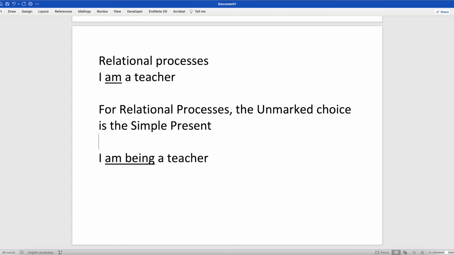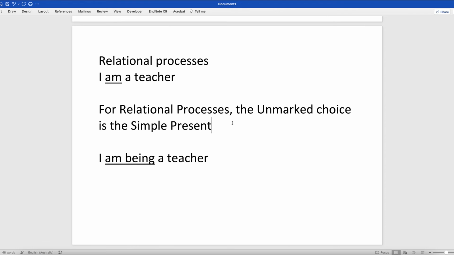Because for relational processes, this kind of relation, the fact that I am a teacher, this doesn't change easily or quickly. It takes quite a lot of time perhaps, and energy and influence to shift this. If I am a teacher, I can't just change my job easily. It's something that requires a fair bit of effort and planning to change my career.